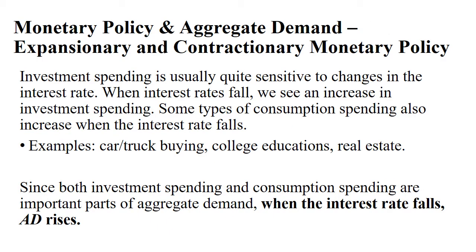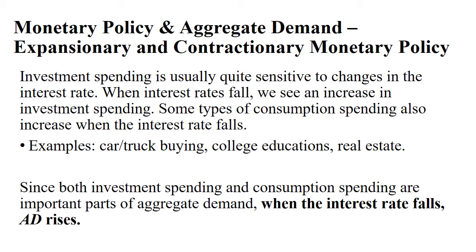Monetary policy shifts MS. It does not shift AD. Fiscal policy shifts AD. So once we keep it straight that those are different policies that shift different lines on different curves, there is truth to the fact that when you change monetary policy, it will set into effect a domino effect, meaning that whatever happens to monetary policy will start a chain of events that can lead to aggregate demand shifting.